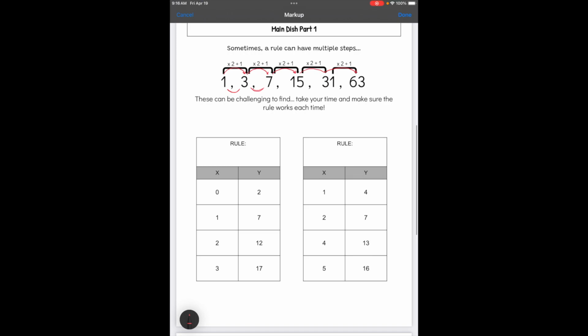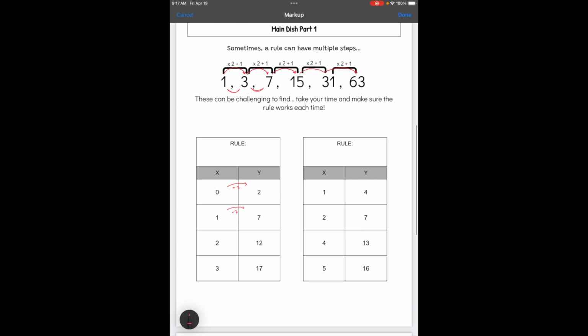So looking at our first one, I'm going to start with the basics. I'm going to say, okay, I could plus 2, and then I'm going to do that same thing here, but 1 plus 2 does not equal 7. So instead, I'm going to start doing some multiplication. I can do 0 times anything, and it gets me 0.